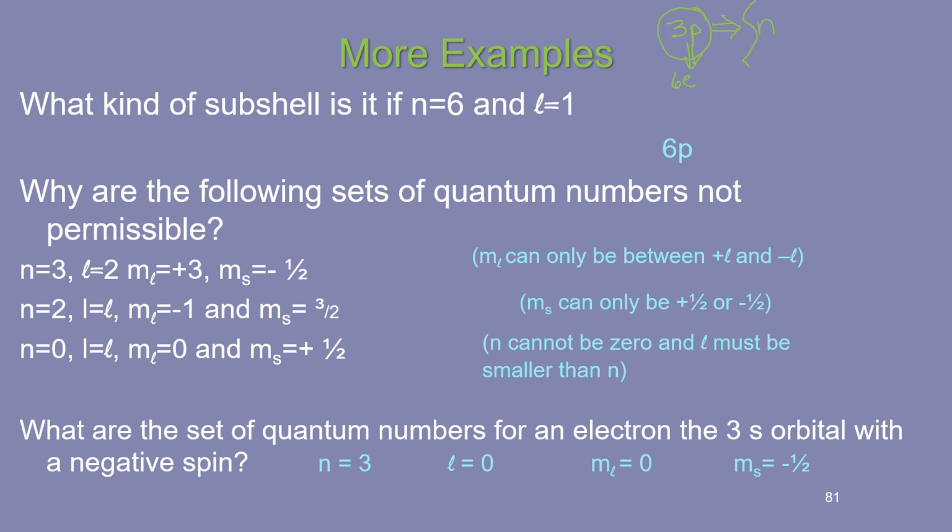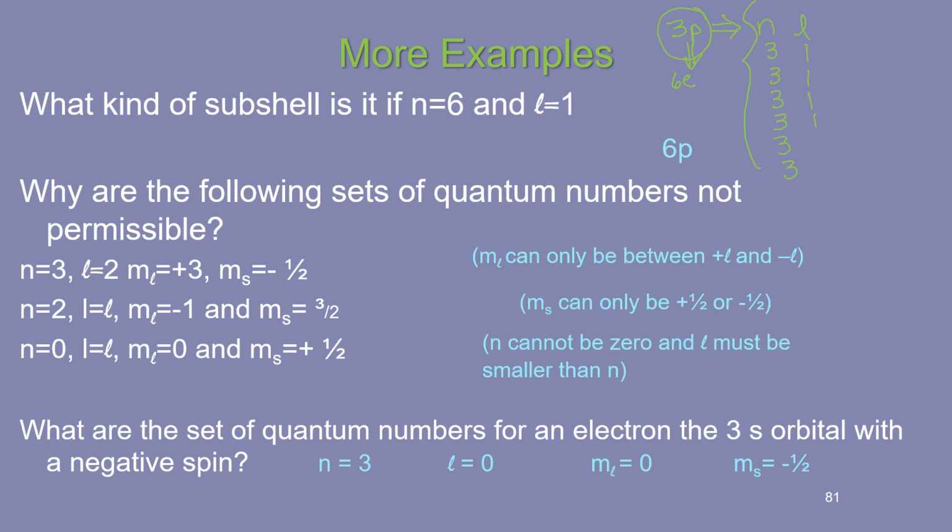So I'm going to come up with 6 sets of quantum numbers that represent these 6 electrons. So n for all of them is going to be 3, because they're all on the third shell. The L for all 6 of these electrons has to be 1, because s is 0, p is 1.